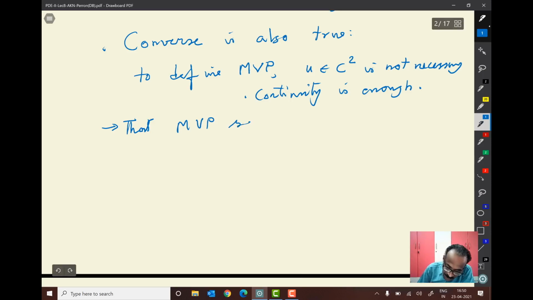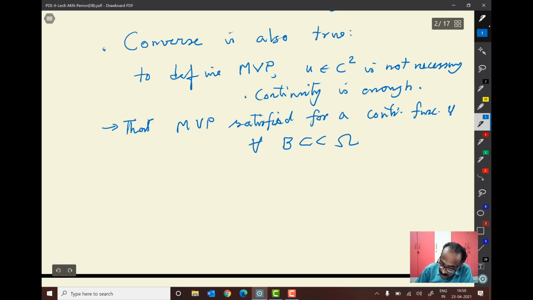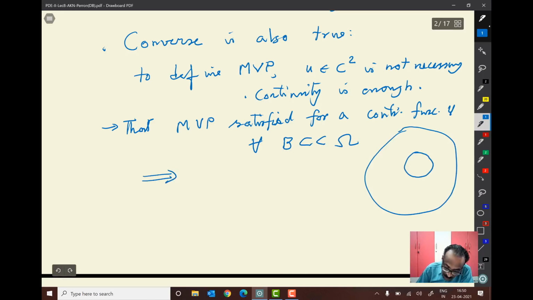The mean value property is satisfied for a continuous function u for all balls contained completely in omega. You should not touch the boundary. So if you have for all balls the mean value property satisfied, then you can actually show that Laplacian u equal to 0. That's what.